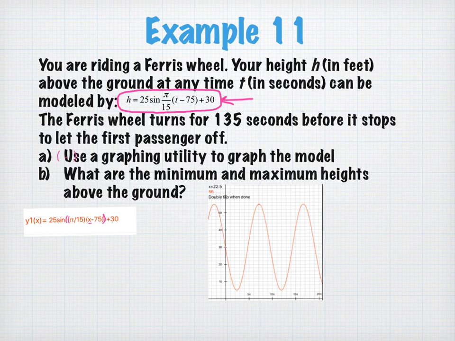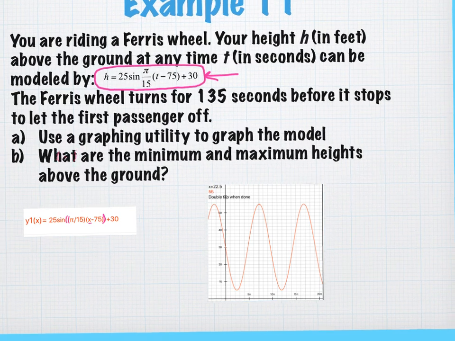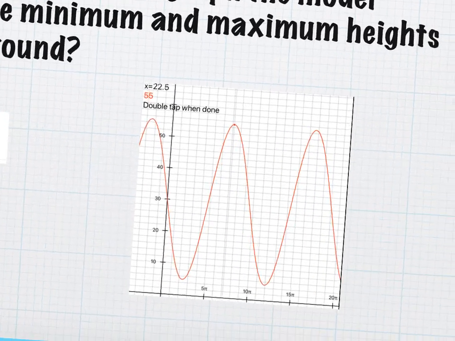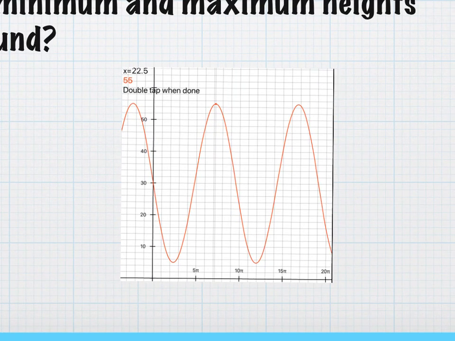But what it says is, what are the minimum and maximum heights above the ground? So you could actually think about just your model here and what's happening. 25 is your amplitude, which is how high it should go. But you also have a vertical shift of 30. So when you look at your graph, obviously you can just hit max and see what it is. But it should make sense that this is 55 here because we went up 25 for my amplitude, but then we shifted it up 30.